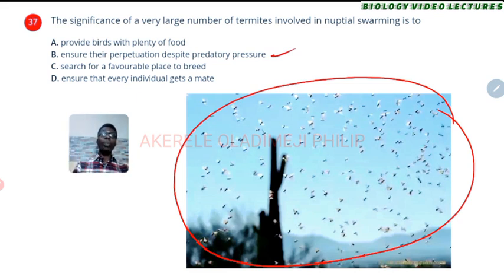But because they are so plenty, they will still be able to stay alive, that's it, to ensure perpetuation despite predatory pressure, which means they will actually be eaten, but because of that large number, they will still be able to establish their colonies, even though people will still get to eat them. That's it, even despite the predatory pressure. So the answer is B.